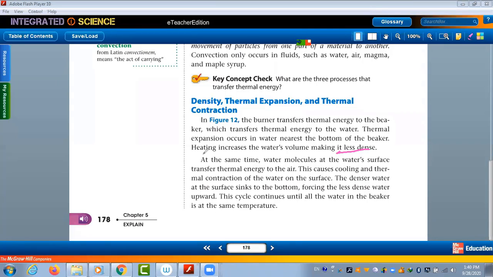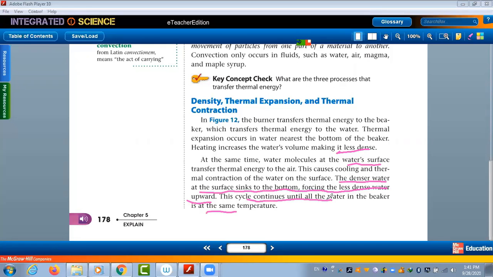Yes, continue. At the same time, water molecules at the water's surface transfer thermal energy to the air. This causes cooling and thermal contraction of the water on the surface. The denser water at the surface sinks to the bottom, forcing the less dense water upward. This cycle continues until all the water in the beaker is at the same temperature.